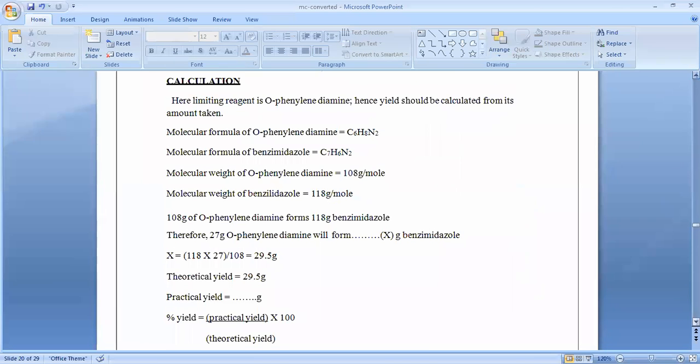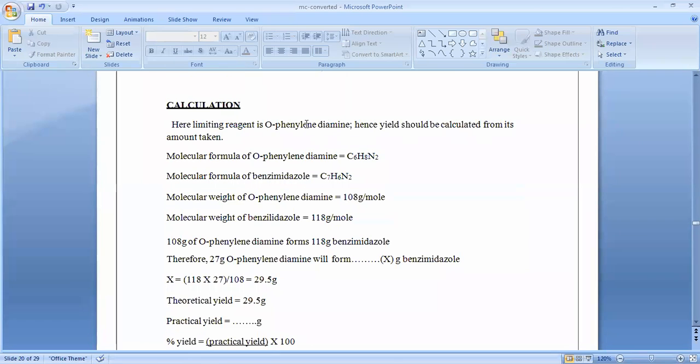Now, the calculation part involved in the synthesis of benzimidazole: what is the starting material for this synthesis? We take orthophenylenediamine as the starting material. So, how much benzimidazole yield does orthophenylenediamine give? Depending upon that, we do the calculations.